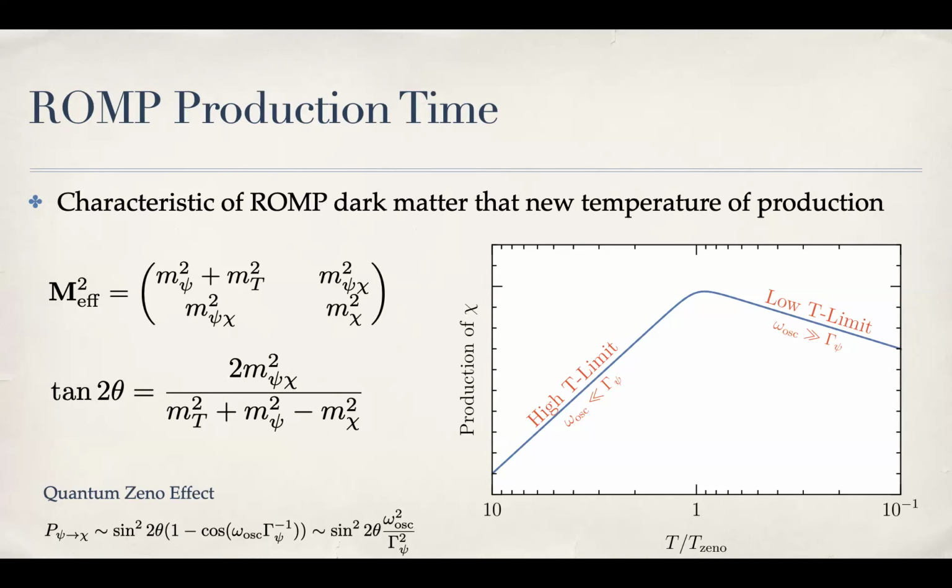So again, there's this new temperature of production in some of your models where your production is dominated when your scattering rate and your oscillation rate are matched. And that's what we call this T_Zeno temperature. And again, at high temperatures, you're suppressed by this omega_os squared over Lambda squared. And at low temperatures, you're again UV dominated, it's just UV freezing. So you're dominated at this temperature of production when your scattering rate and oscillation rate are the same.